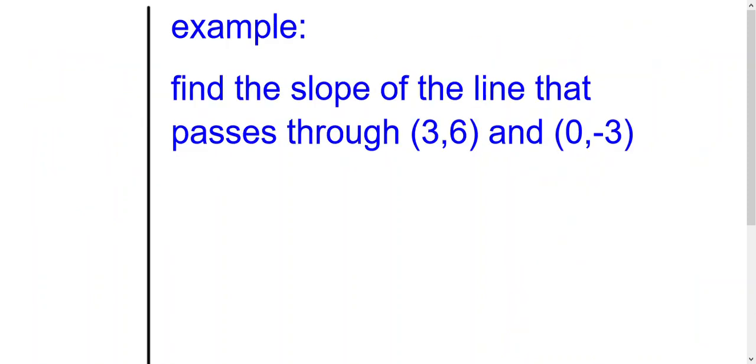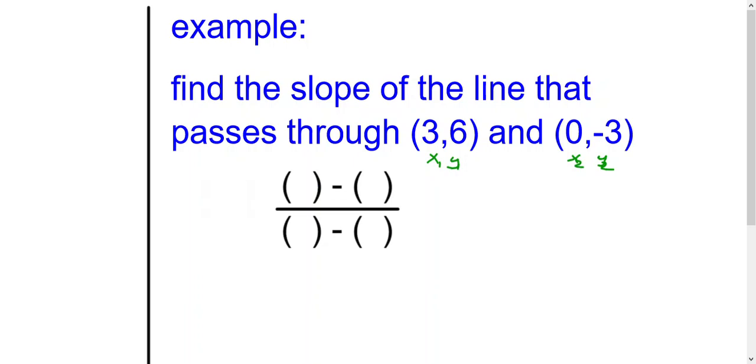So let's try calculating one. If we wanted to find the slope of the line that passes through these 2 points, (3, 6) and (0, -3), the first thing I'm going to do is label my ordered pairs. They're x and y, but I'm going to call them x1, y1, and x2, y2, so I know what ordered pair they're coming from.